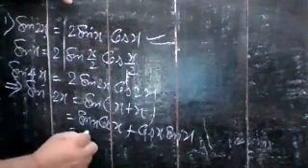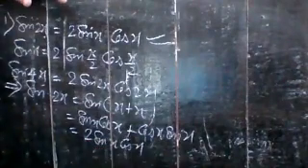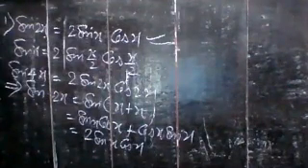Both terms are the same, so it is written as 2 sin x cos x. Yes, this is the proof of the first identity. Understand? So note it.